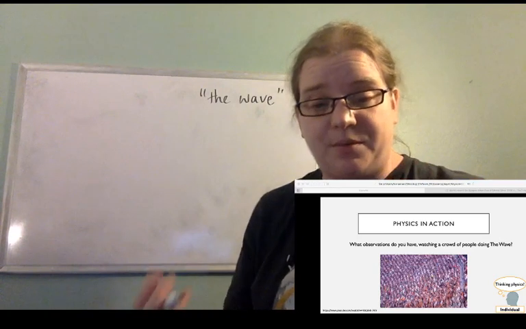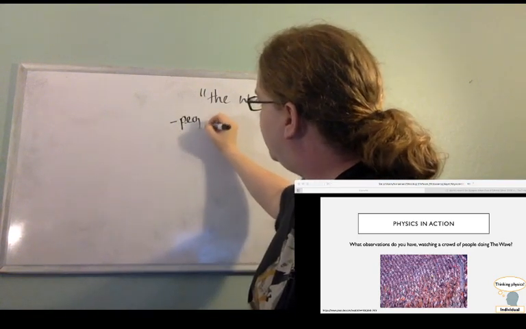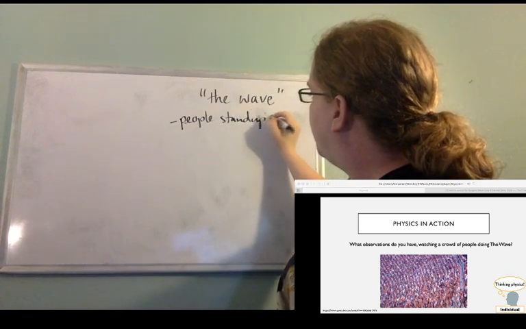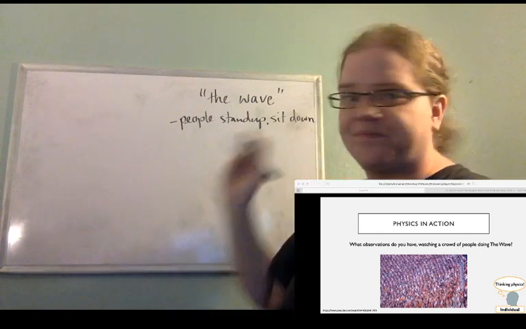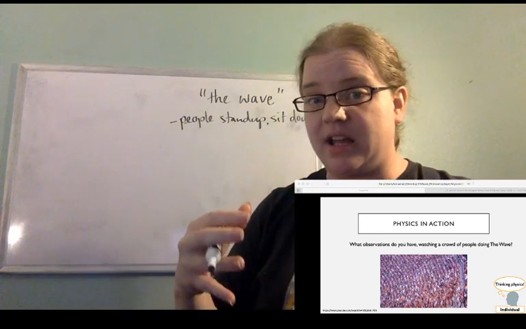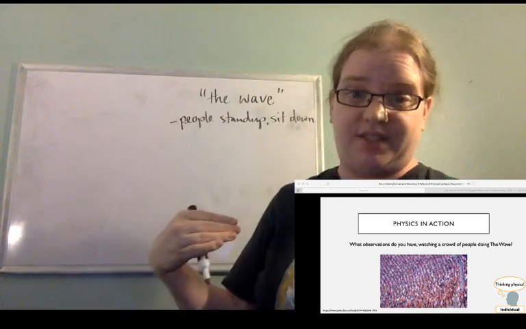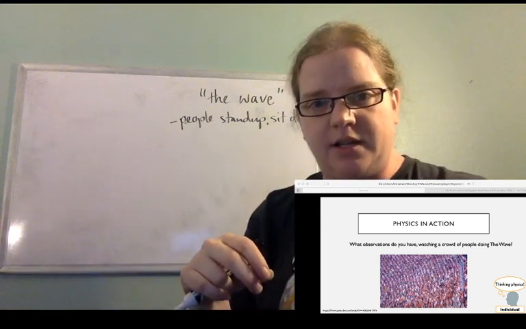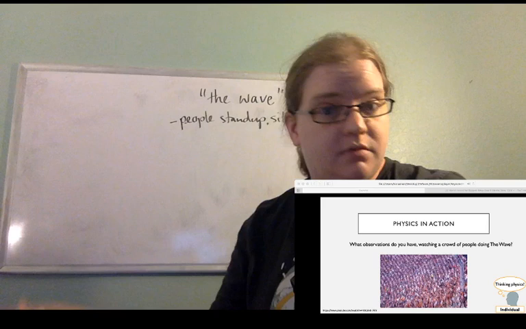So one of the things that we see happening is that we have people stand up and then they sit down. That's like the basic motion for each person. You stand up, hands in the air, you sit down, okay? But not all of the people are standing up at the same moment, right?